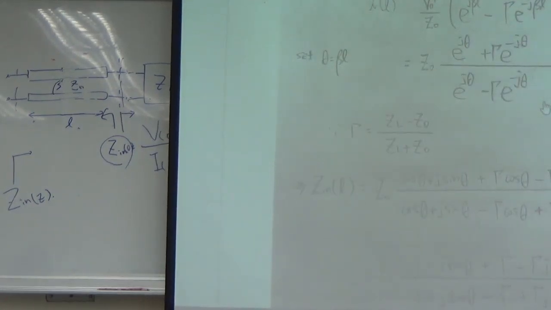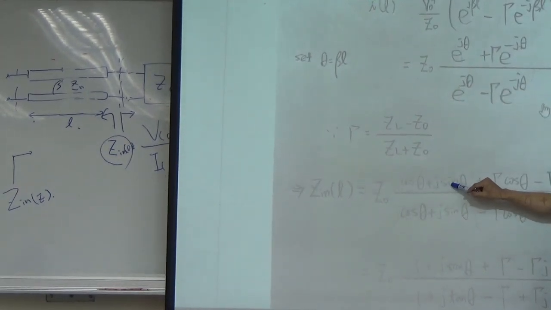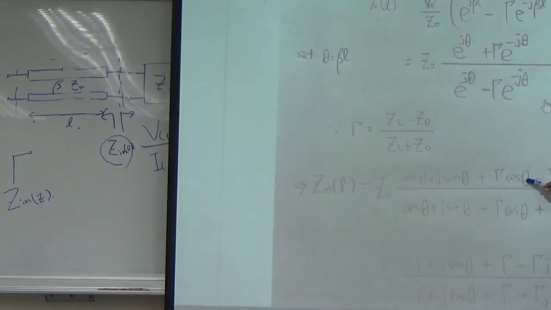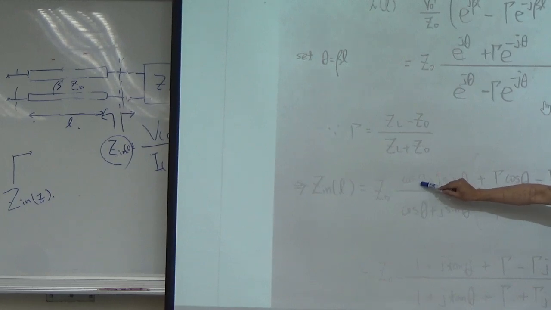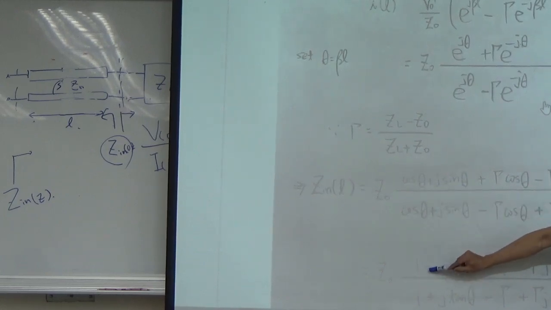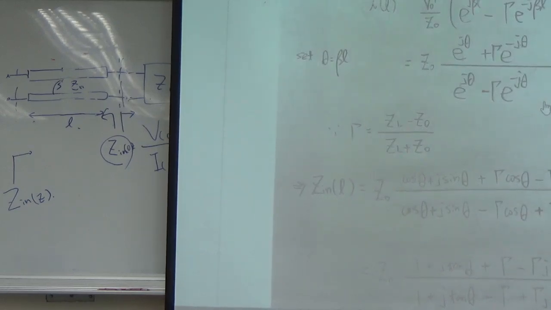I put that in, and I changed the exponential j theta to cosine and sine. If I put cosine and sine here and divide by cosine theta, I obtain 1 plus j tangent theta for the numerator, and for the others I get 1 and tangent instead of cosine and sine.